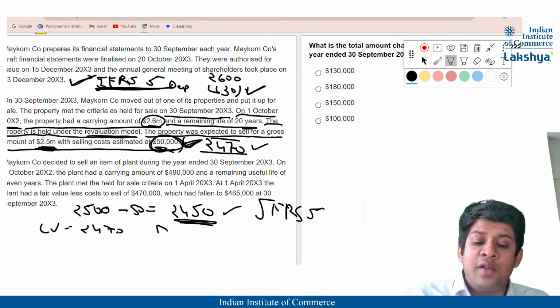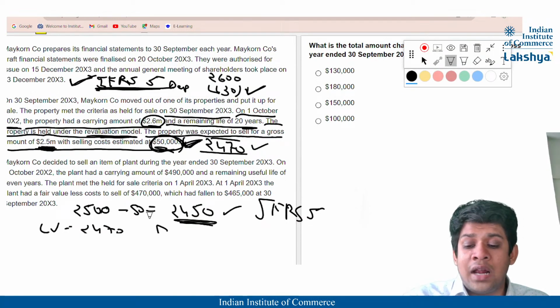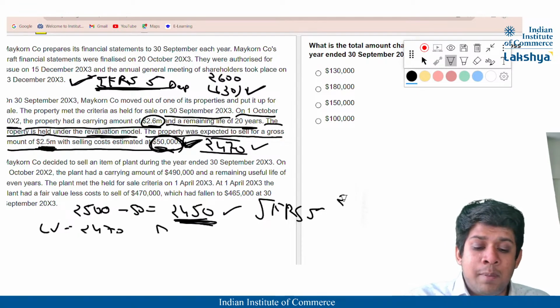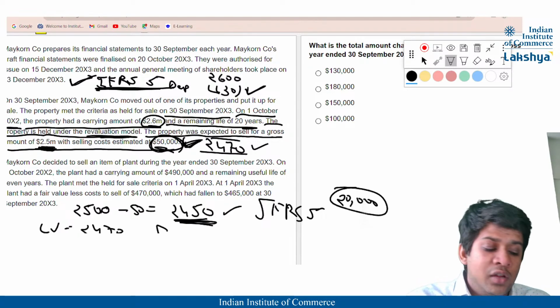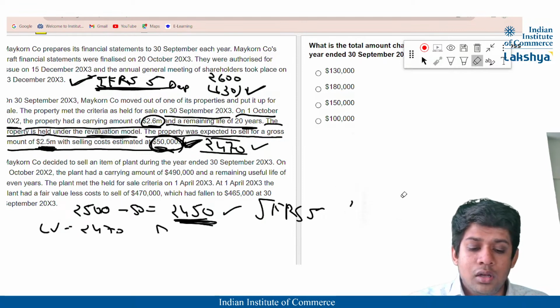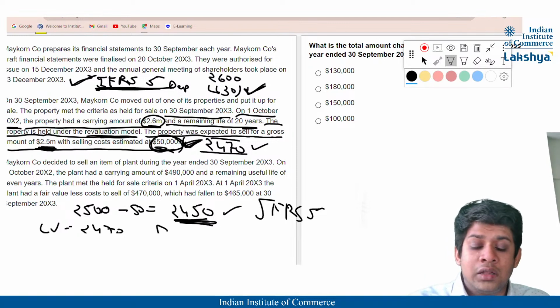So that means guys, if its carrying value is 2470, I'll have to bring it down to 2450 because that will be the value of my asset under IFRS 5. So I will also charge impairment of 20,000, correct? Or you can say 20 worth of impairment, right? So firstly, I have already charged the depreciation of 130 and I'll charge an impairment of 20.